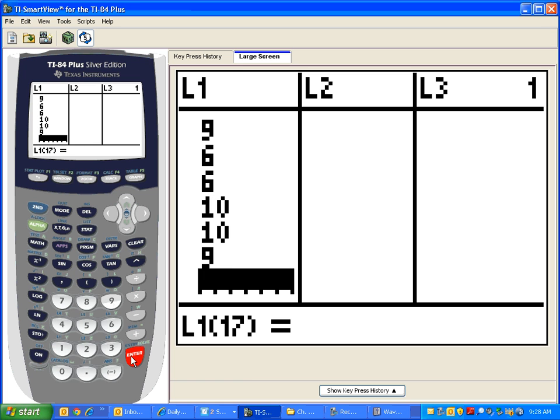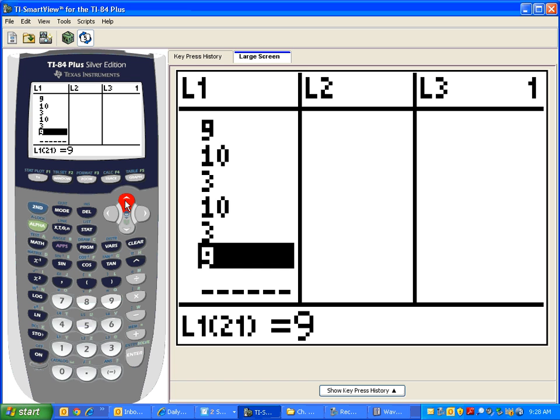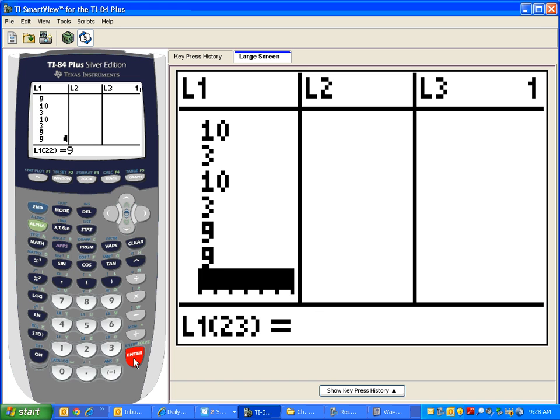Okay. 10, 3, 10, 3, 9. We have 21 people. Did I miss a 9? Right here. 9. There we go. So we're good now? How many people do I have here today? Do I have 22, 4, 7? Yes. Okay. All right.